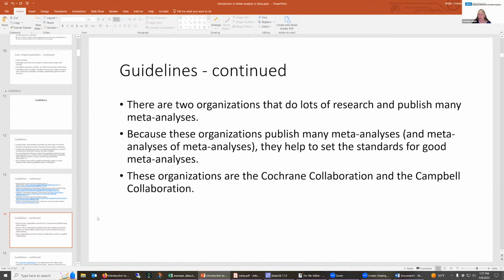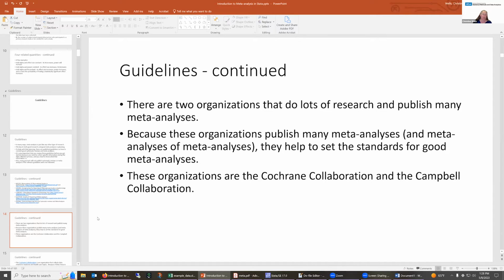So when you're looking through things, if you keep coming across something that talks about the guidelines from the Cochrane Collaboration or the Campbell Collaboration, that's exactly where you want to be looking. I will warn you, though, that both of these groups are extremely active, and so their guidelines get updated, I would say, probably at least once a year, if not more frequently.